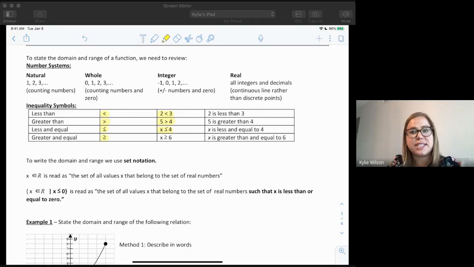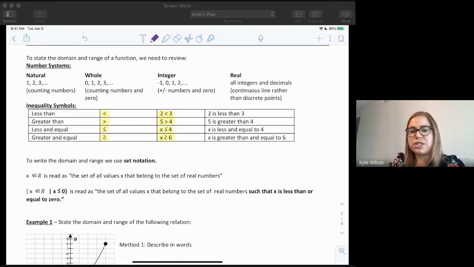So x can equal 4 or anything below that. It could be 4, 3, 2, 1, all of those. Finally, greater than or equal to. So x is greater than or equal to 6. That means x could be 6, 7, 8, 9, but it also includes 6. Okay, so quick little recap on that stuff. Hopefully that's all review for you.